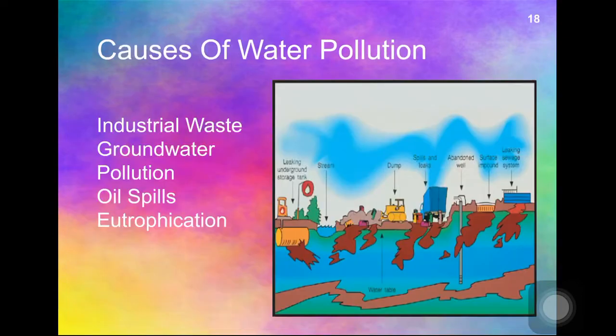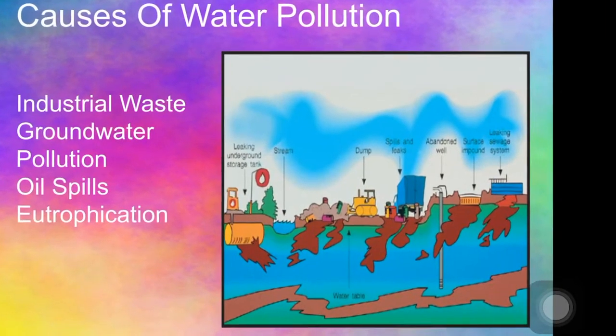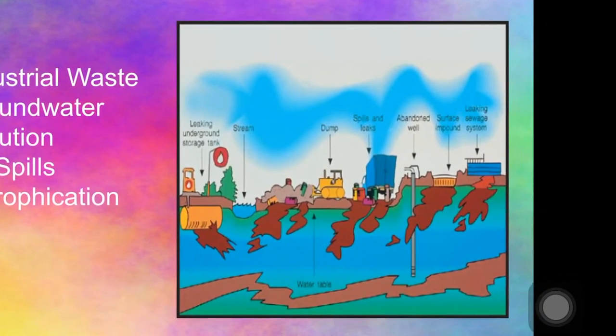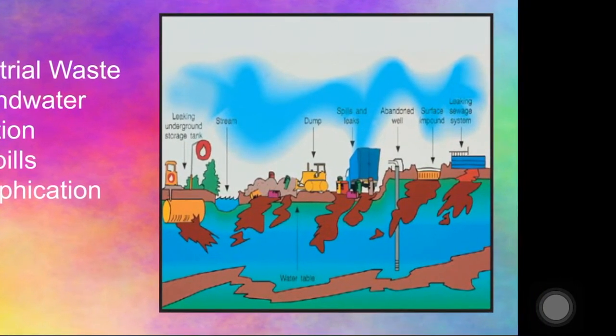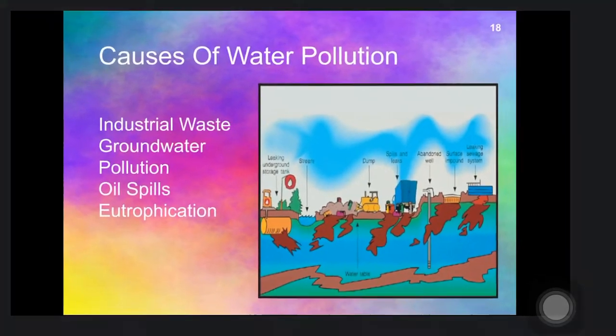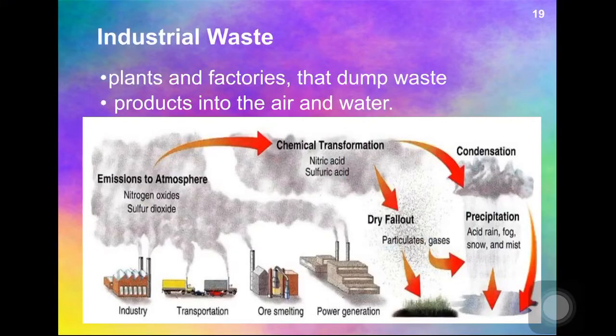Now let's see the causes of water pollution. The causes of water pollution are industrial waste, groundwater pollution, oil spills, and eutrophication. Let's discuss these causes one by one.